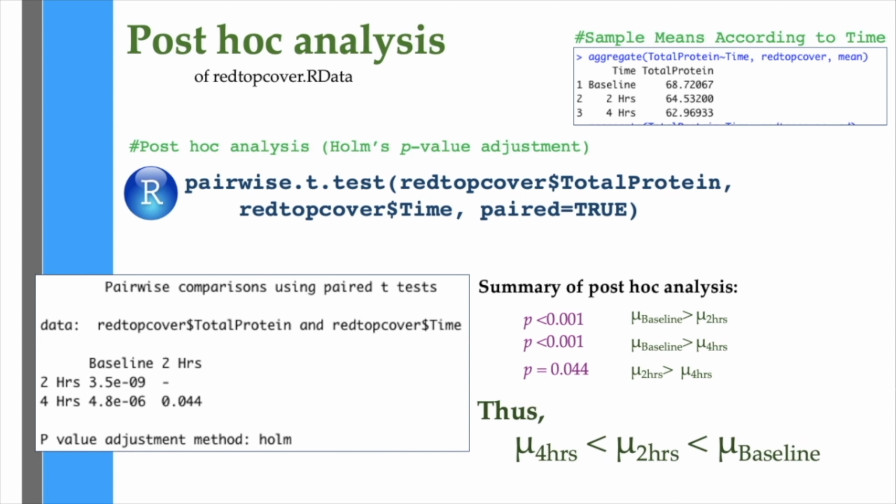Which basically shows that the mean total protein continuously decreased from baseline. So from the baseline, it decreased after 2 hours, and then after 2 hours again, it decreased again.